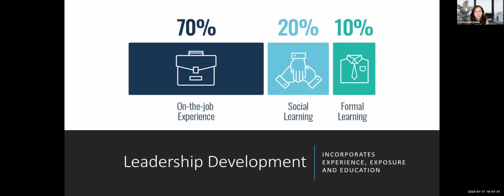So what other things can you do? Well, the other 20% is what we call social learning, okay? And this is what I refer to as finding a mentor, okay? Developing a network of individuals.